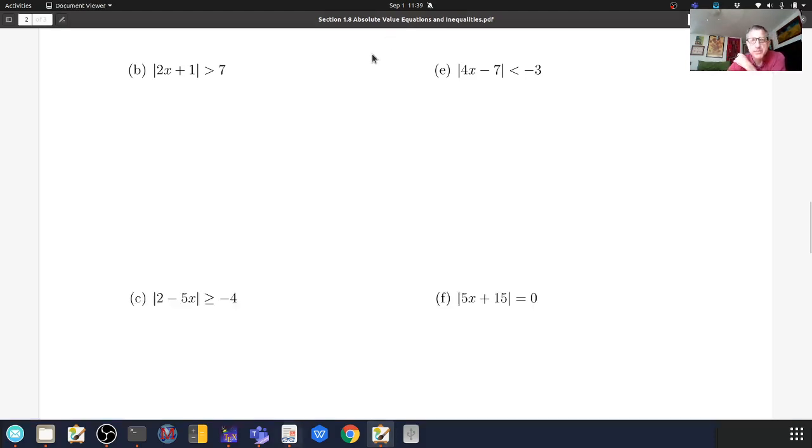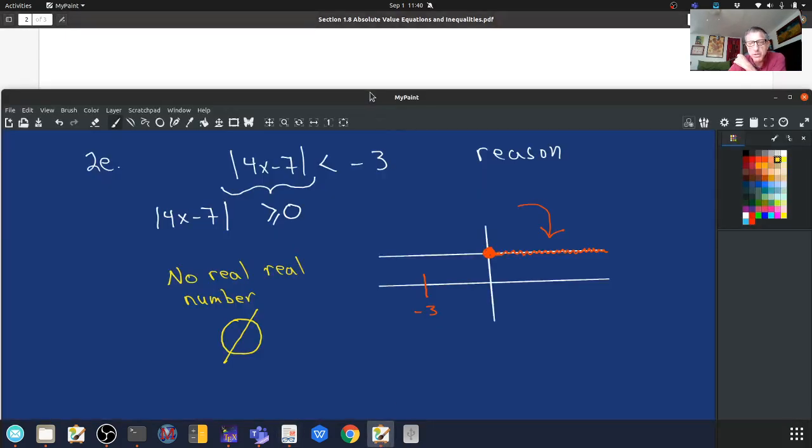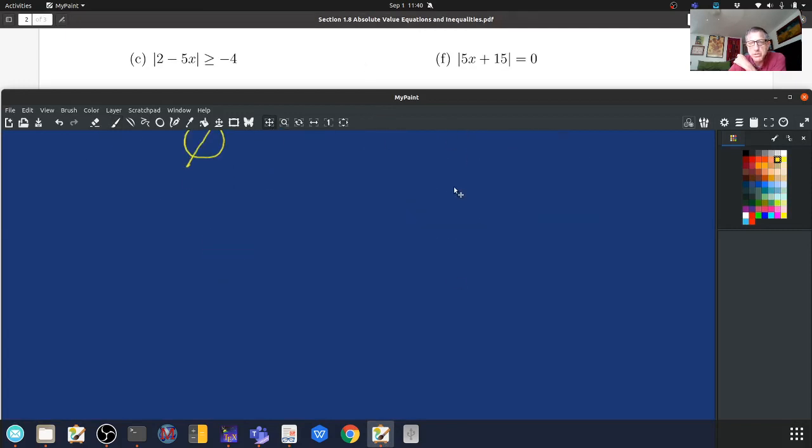Super simple. And the next one here is just really simple. Notice this is not an inequality, it's an equation. So I'm not going to work it out for you, but you will simply use the first row, where our unknown quantity in this case is 5x plus 15.